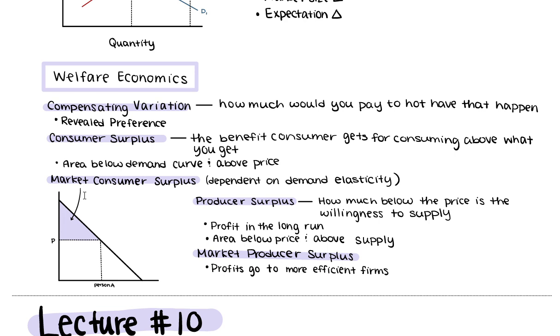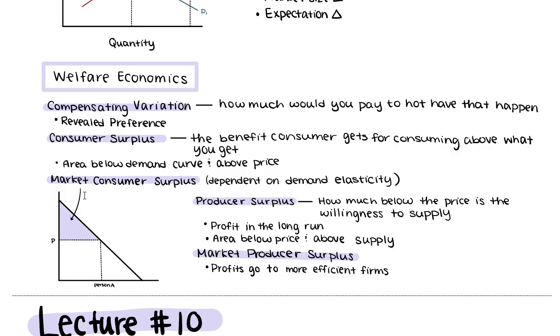So imagine you're willing to pay $5 for a basketball, but actually it costs $1. You are happy to buy it because you think you got the basketball in a cheaper way.